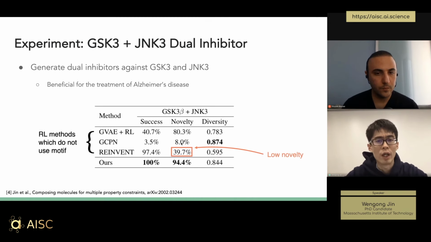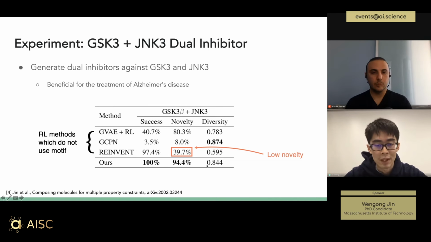Just to briefly go through some of the experiments in this paper, in the task of generating dual inhibitors against GSK3 and JNK3, we compared our model with previous state-of-the-art reinforcement learning methods, such as GCPN from Stanford and also REINVENT from AstraZeneca. We found that our model outperforms them with a significant margin.